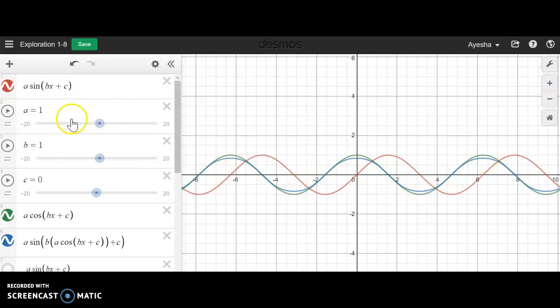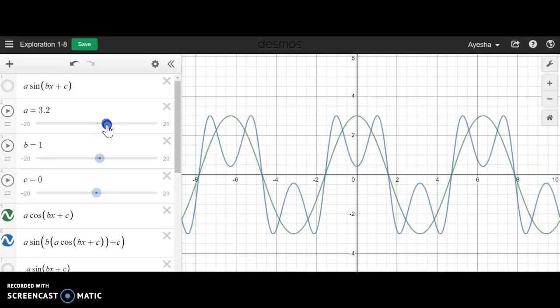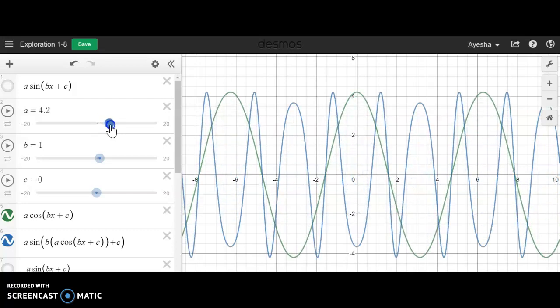So I'll take off the sine graph. I just want to see how this composite function h of x behaves when a, b, and c are varied compared to how the graph of cosine is behaving. Oh, wow.